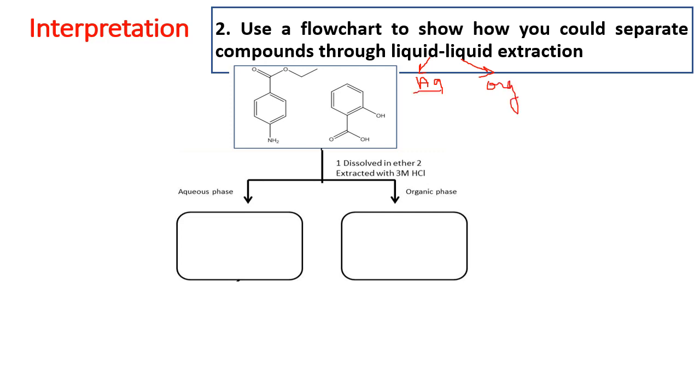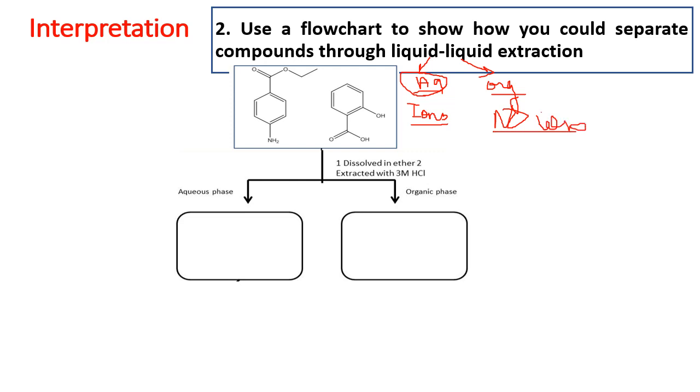As we have previously explained, the compounds that would dissolve in the aqueous liquid should be hydrophilic or ionizable ones, having ions inside, while the substances that will move to the organic liquid would be hydrophobic or non-ionizable. They are covalently bonded. They have no ions inside.